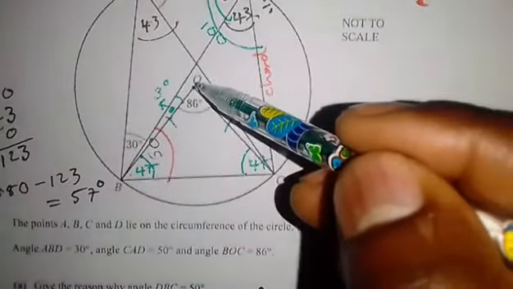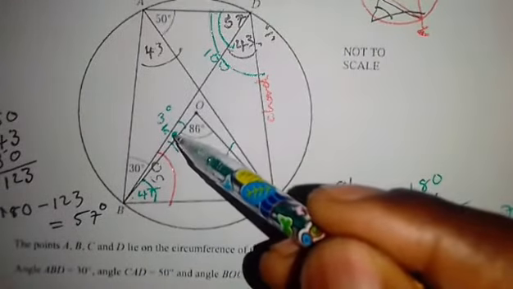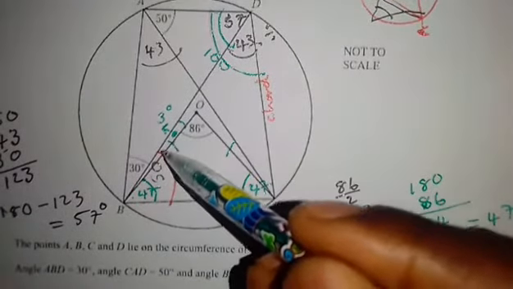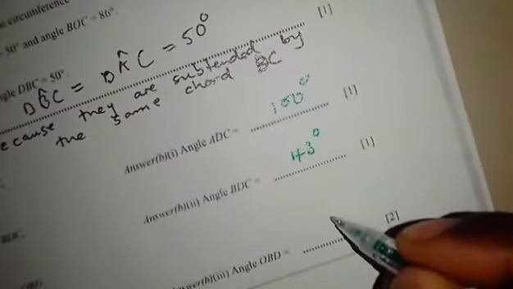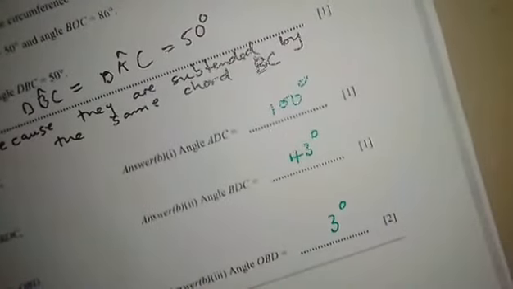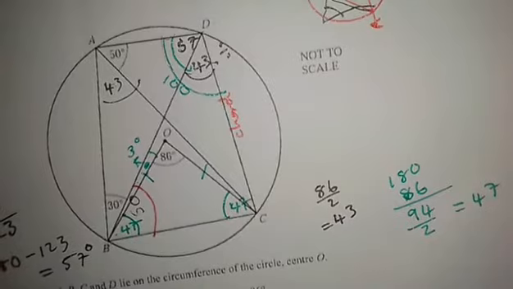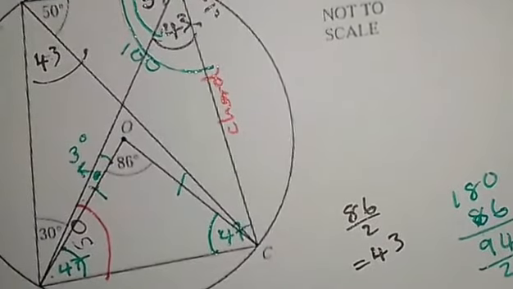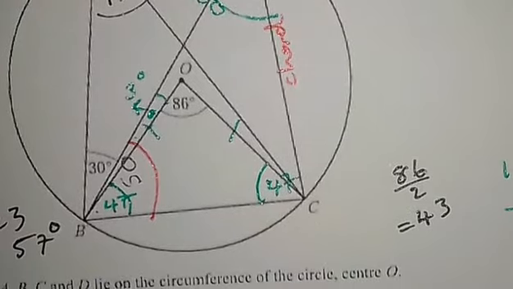So O, going to B, going to D. It is the small angle we found earlier of 3 degrees, obtained from 50 minus 47. So here we have 3 degrees. Then you are home and dry. I hope you are listening, class. So stay tuned as we move on to the next question. This is how you're supposed to do it.